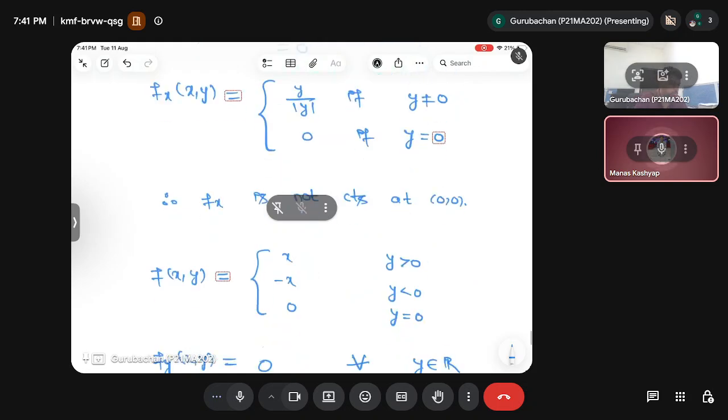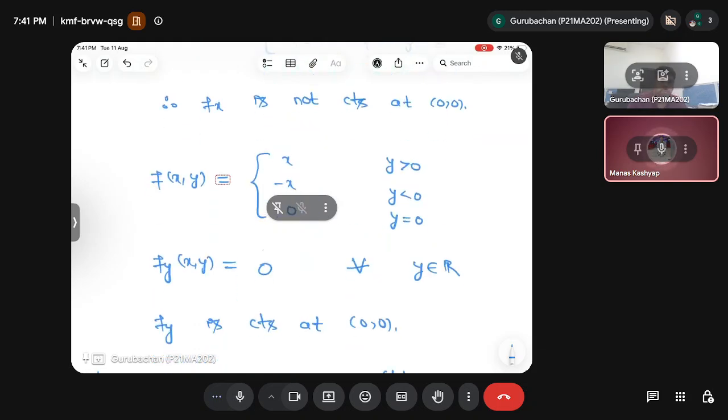If we differentiate for f y, we redefine it as: y positive, the function is x; y is 0, the function is 0; y is negative, the function is minus x. And we have to find f y. So partially differentiating with respect to y, it also becomes 0, no?